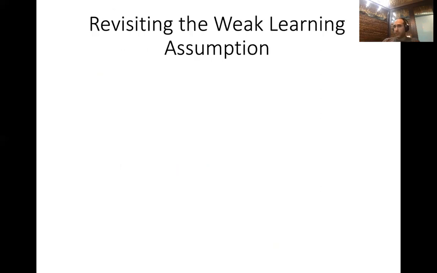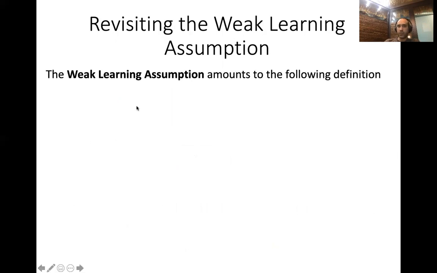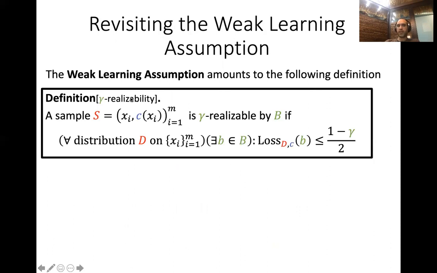So to answer this, let us first rephrase the weak learning assumption in a way which is more convenient in this setting. One can show that the classical weak learning assumption amounts to the following definition: gamma realizability.